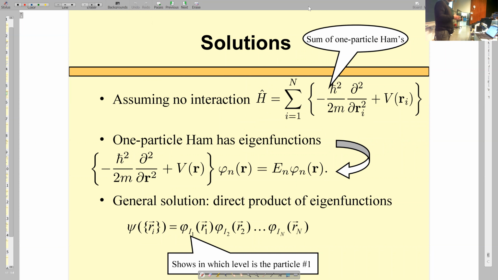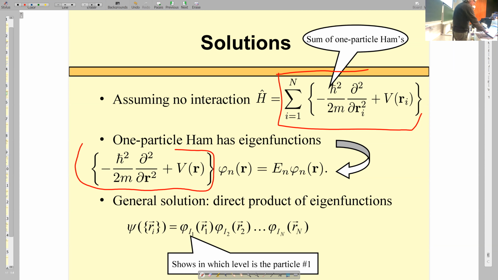Good, no interaction. Then the whole Hamiltonian is just a big sum of these terms. To start with, let's take one piece and find all possible wave functions for a single particle.